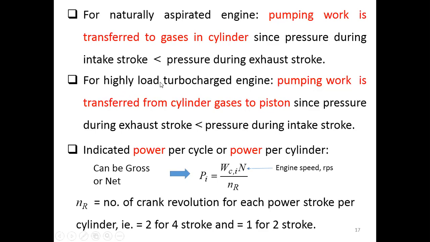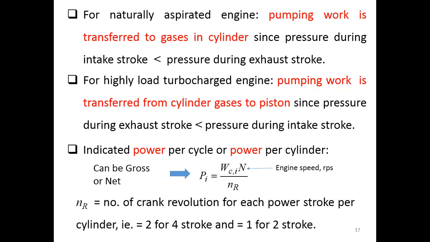For a highly loaded turbocharged engine, now we have a turbocharger to help the incoming air flow in, right? The pumping work is transferred from, not to, from cylinder gases to piston. Now we get the work out from the gas.